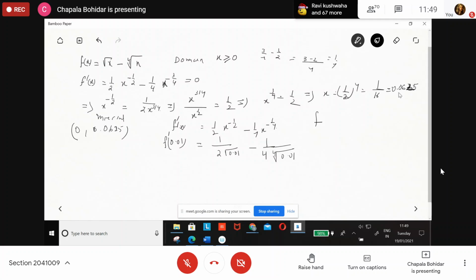Here the value you are getting is minus 2.9. It is less than 0, so f is decreasing. You got it or not? I am asking you.